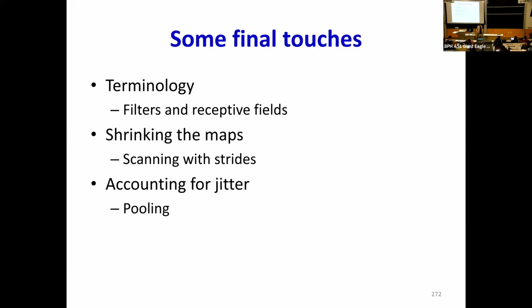So some final touches before I wrap up for today. I was just introducing the notion of CNNs and where the logic of CNNs actually comes from. Convolutional neural networks are basically exactly the same as MLPs, with the distinction that you want position invariance. And so instead of just having one MLP looking at the input, you're scanning for the pattern.